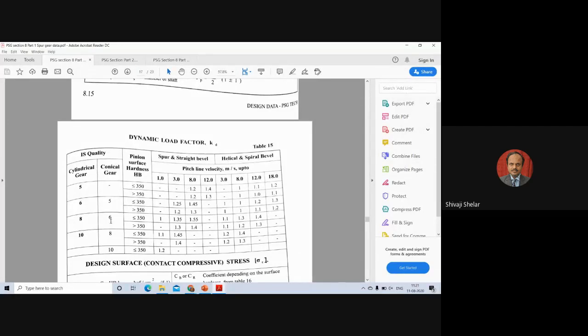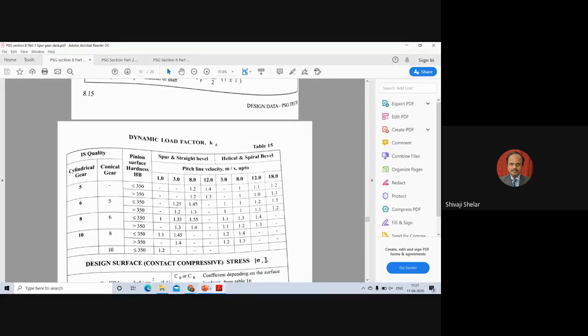Considering a conical gear, that is bevel gear, you have to consider BHN value less than 350. If you consider greater than 350, then 1.4 will come for 8 meters per second, and for less than 350, it is coming as 1.65. So our assumption is BHN value less than 350 and velocity up to 8 meters per second. So we get the K_D factor, the dynamic load factor, as 1.65.